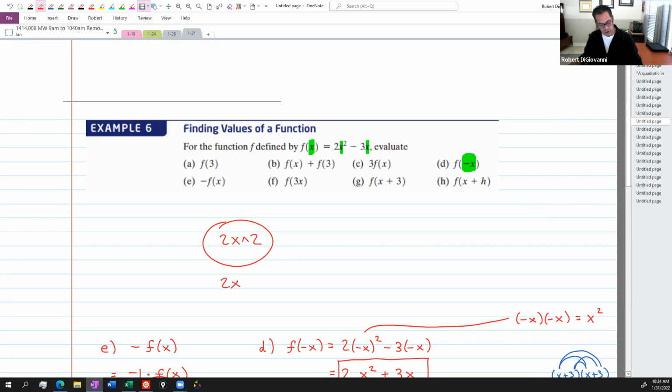That would mean 2x squared. All right, so try h on your own right now. This will be the last thing we do today. While you're doing that, I'm going to look at the homework assignment and see what problem you can go up through.